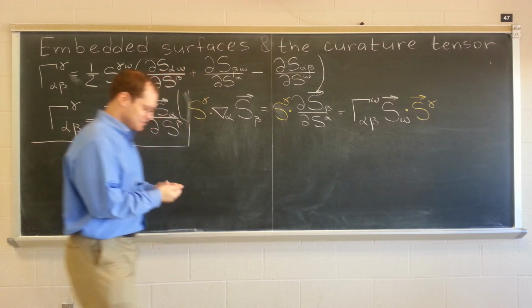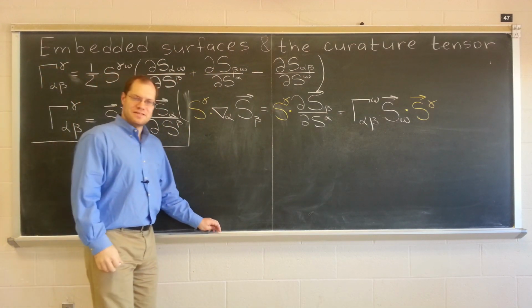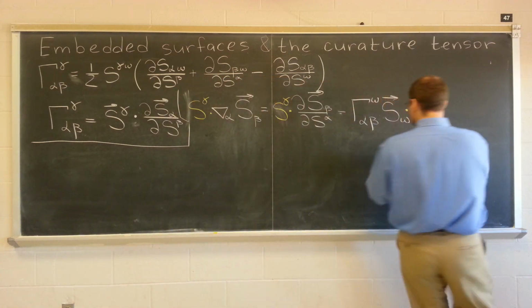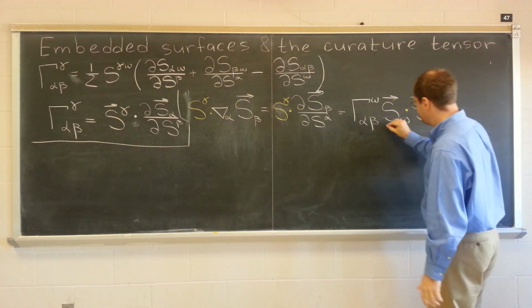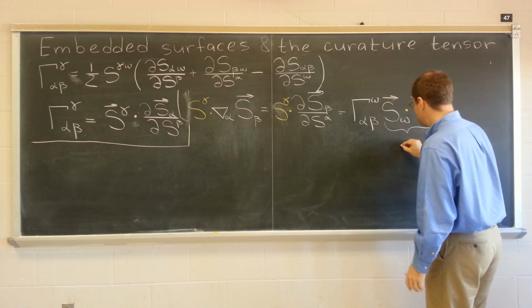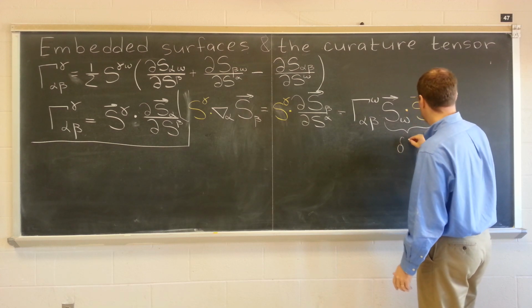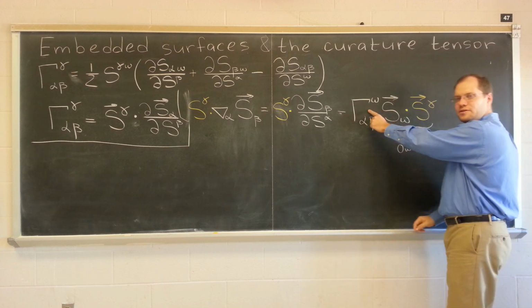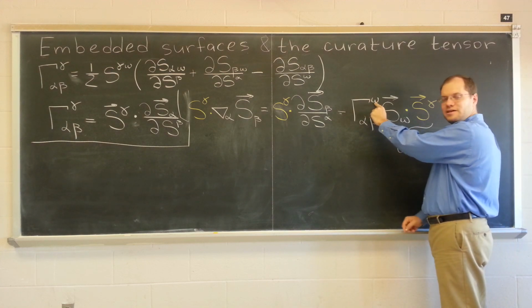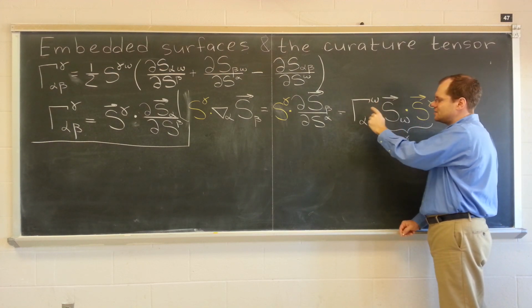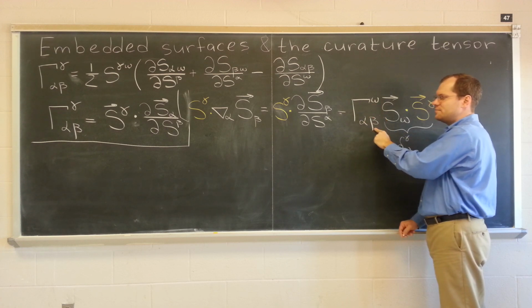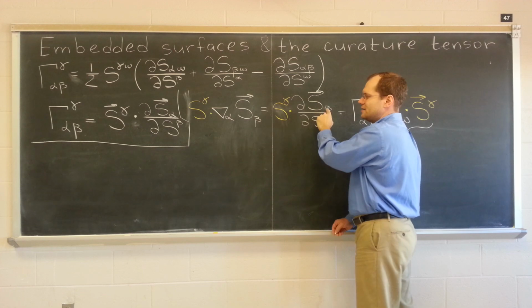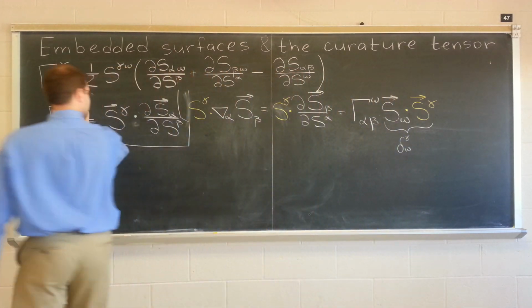All right. Now we have 0. Can you see that this expression is 0? Why? Because this right here is delta gamma omega. So contracted with the Christoffel symbol, it'll replace omega with gamma. So this is gamma alpha beta. And this is gamma alpha beta by this very definition.